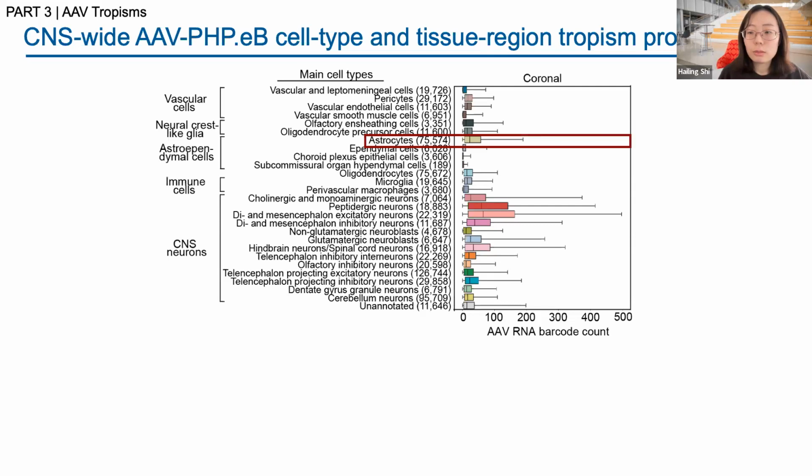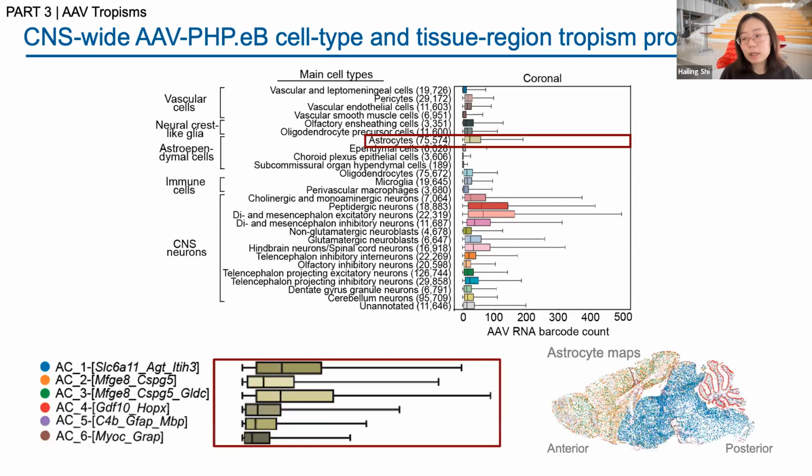It is also worth noting that different subtypes within the same main cell type can vary a lot in their AAV transduction efficiency, as in the case of the astrocyte subtypes. This emphasizes the importance of deep cell typing in tropism profiling, and the mouse brain molecular atlas really offers a valuable opportunity for this in situ deep characterization of viral tool tropisms.